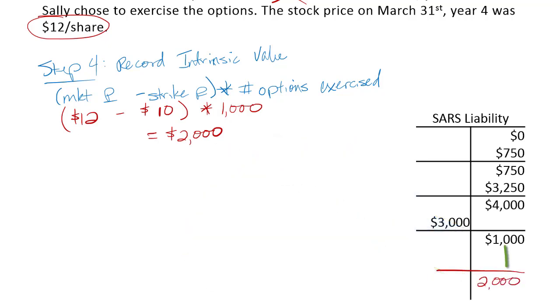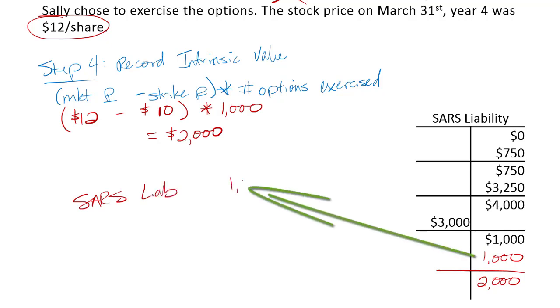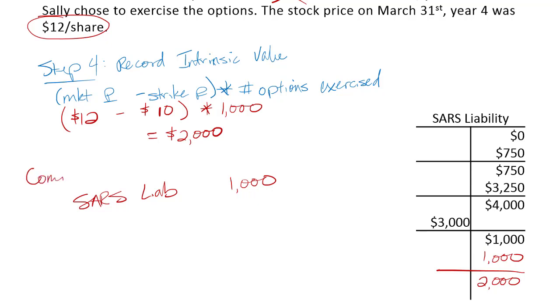So to get from 1,000 to 2,000, I need a credit of 1,000. So SARS liability, 1,000. And my debit, like always, will be the compensation expense. And this is record intrinsic value prior to exercise.